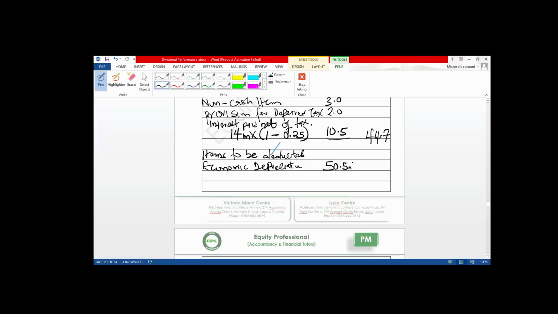$50.5 million. Deducts amortization of development costs.